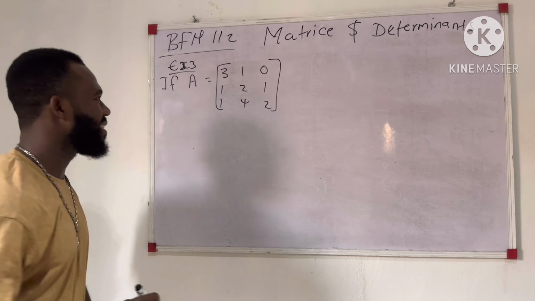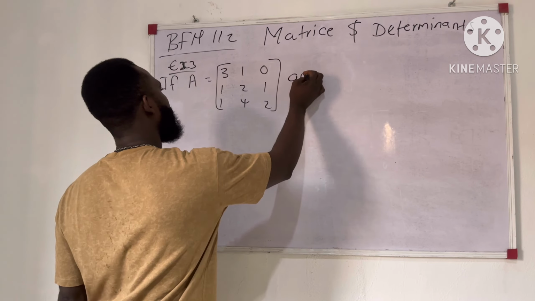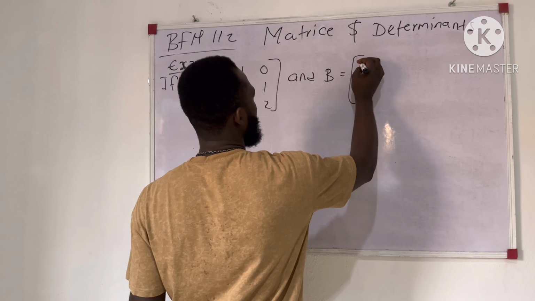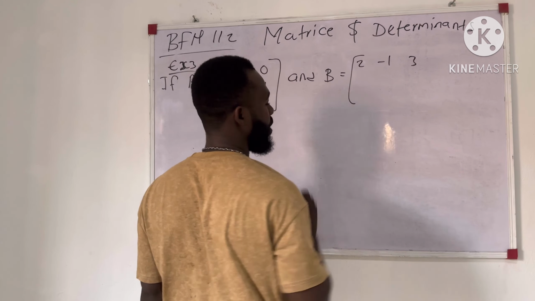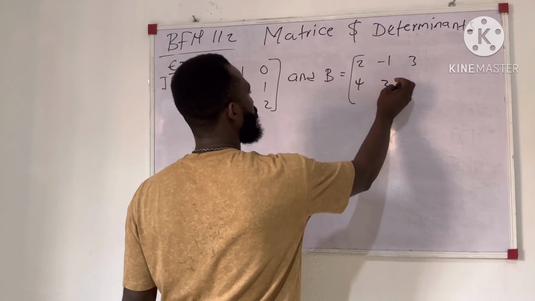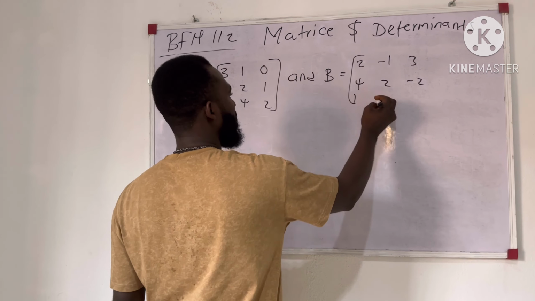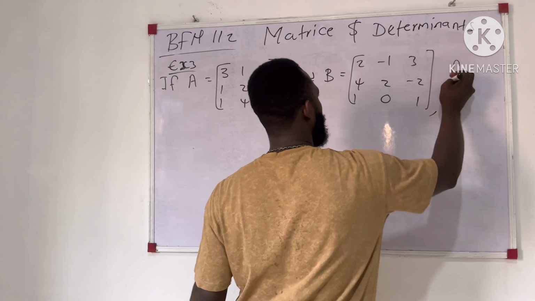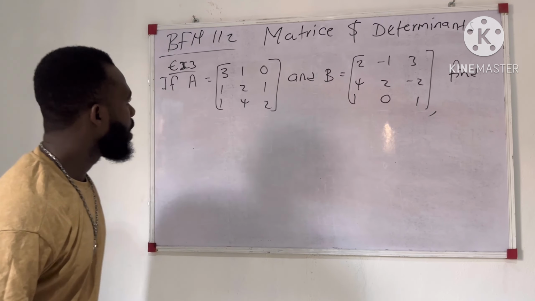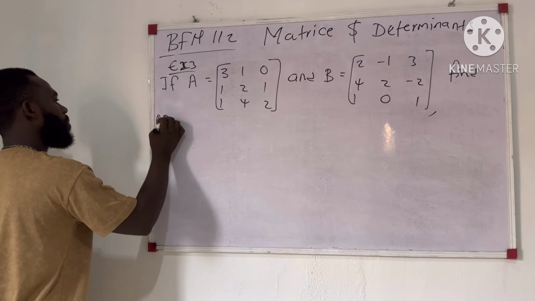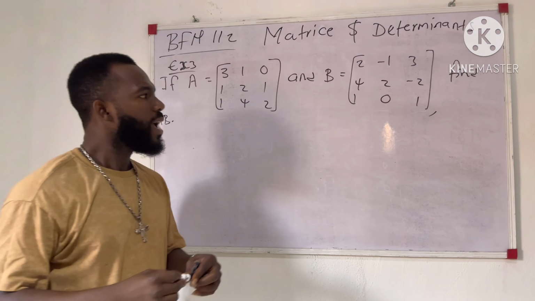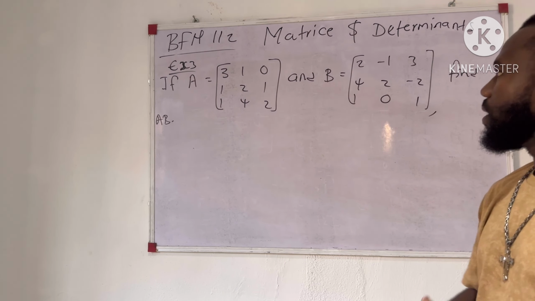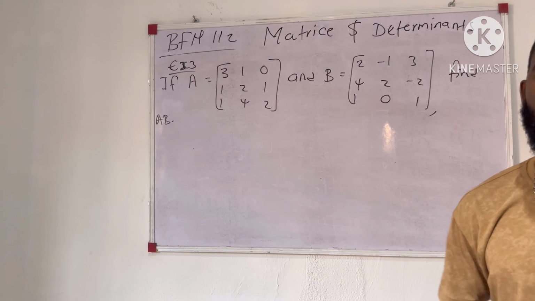And B is equal to 2, minus 1, 3, 4, 2, minus 2, 1, 0, 1. Find AB. Again, AB means A times B, which is the matrix of A times the matrix of B.